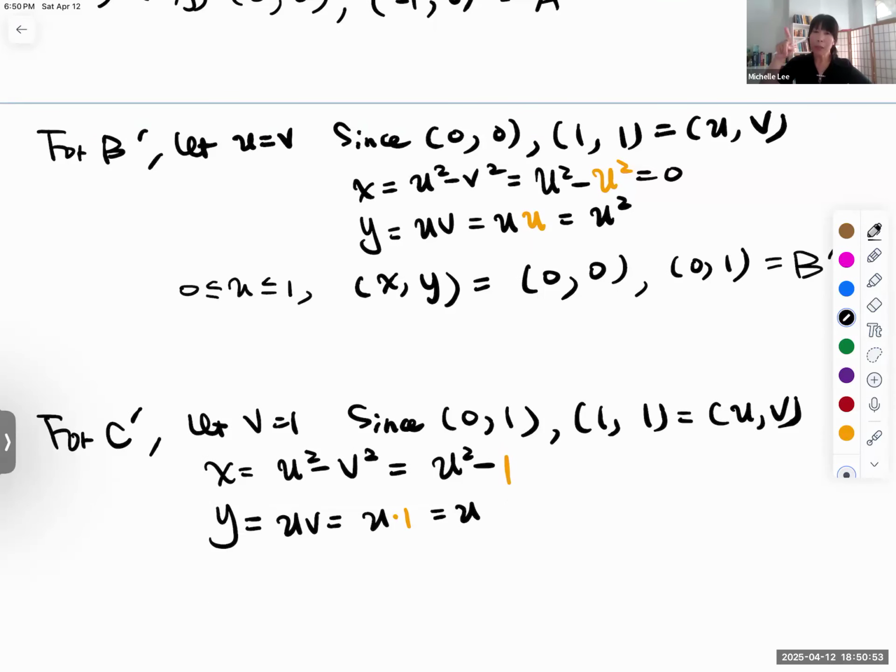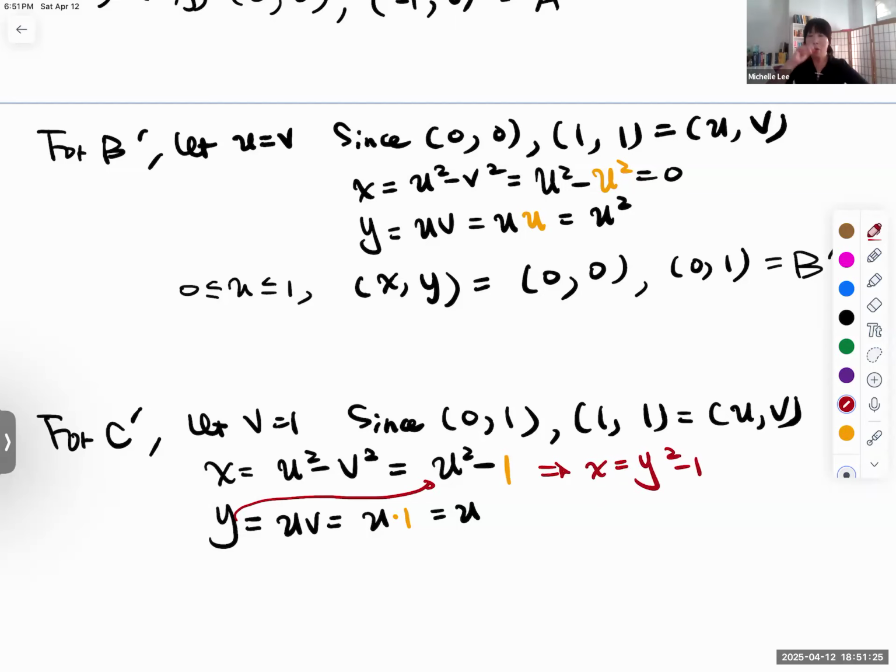X equal to U square minus 1 and Y equal to U. So we can express X equal to Y squared minus 1, right? Make sense? X equal to Y squared minus 1.